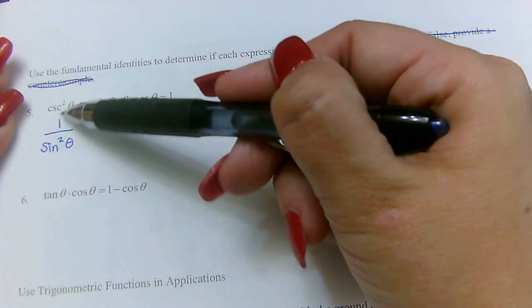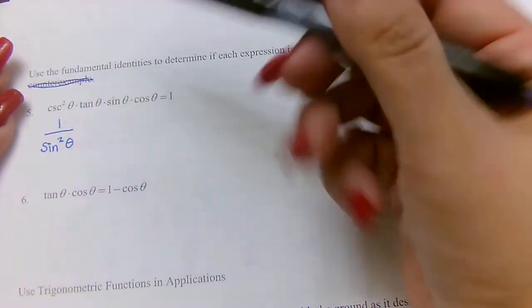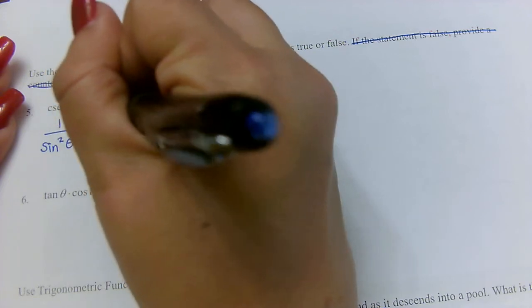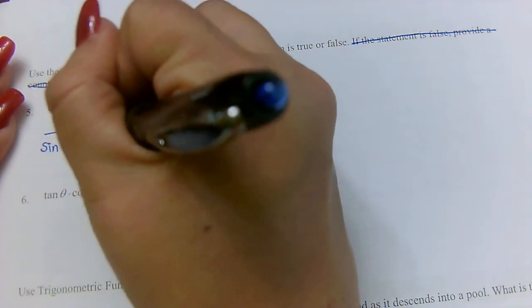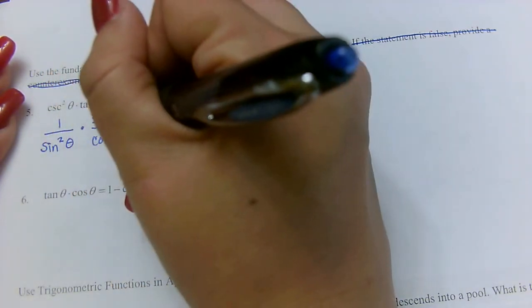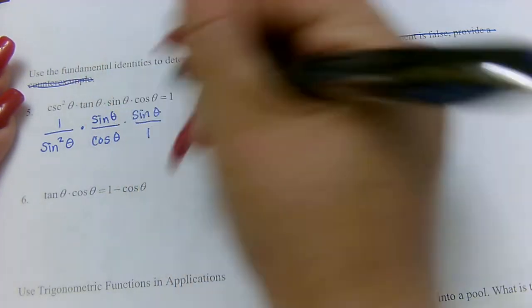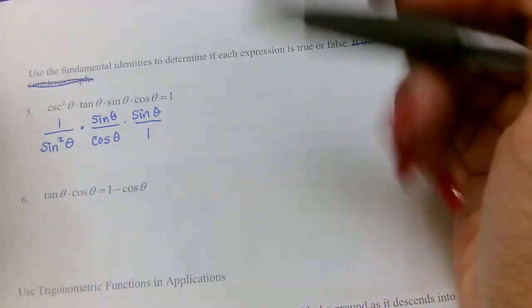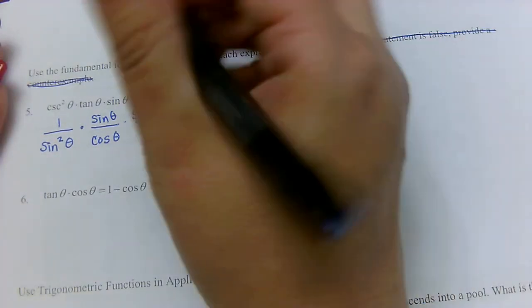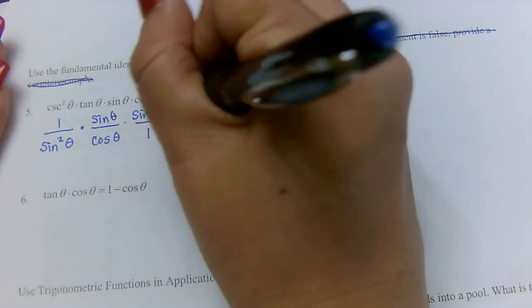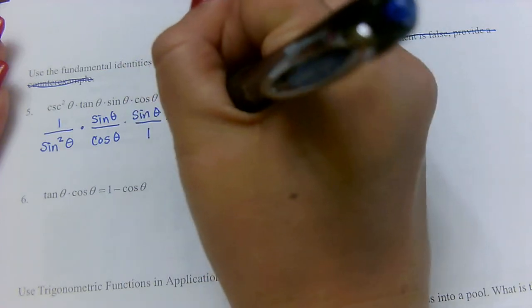These are the exact same meanings. What does tangent of theta mean? Tangent is sine theta over cosine theta. And then we have a sine theta, so I'm going to put sine theta here over 1. I'm doing this because I want to make sure everything on the top matches everything at the bottom. And then I have a cosine at the end, so I'm going to put cosine theta over 1.